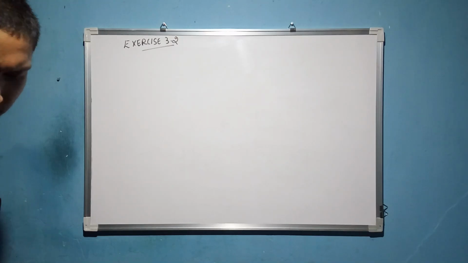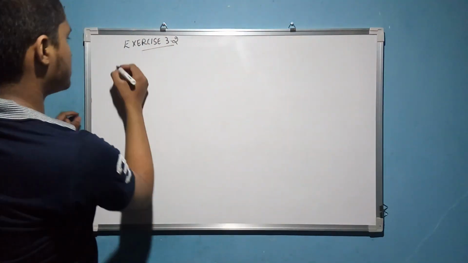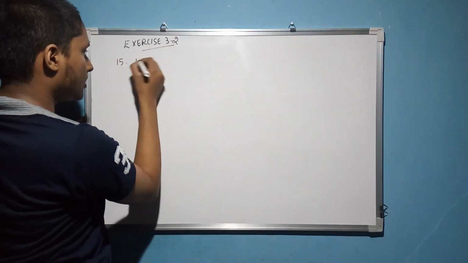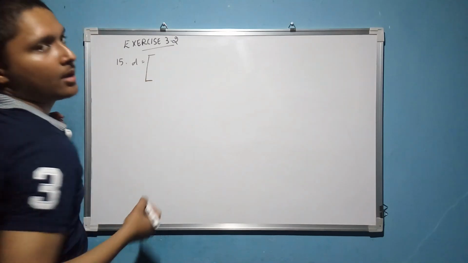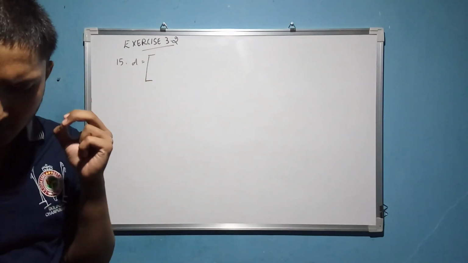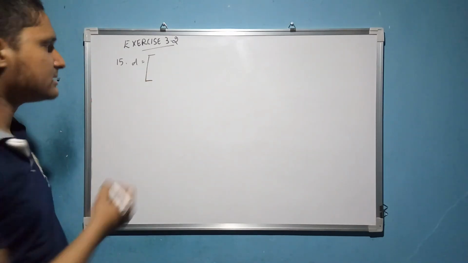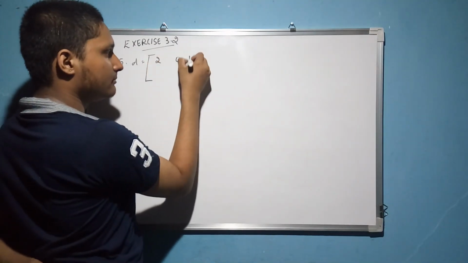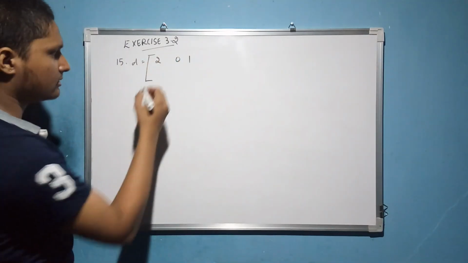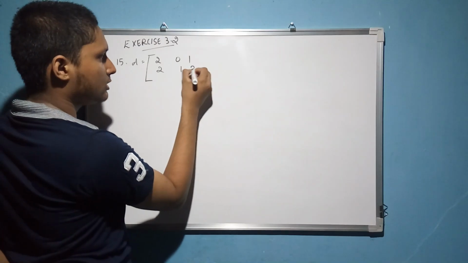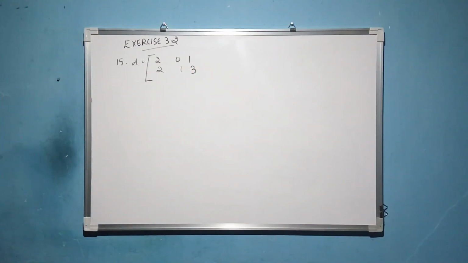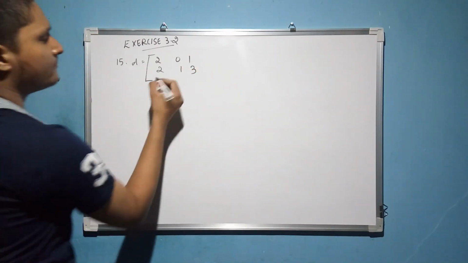The next question is the 15th one. You are asked to find A square minus 5A plus 6I. What is the A given here? Many times it becomes wrong if it is wrong while writing the matrix itself. So this is 2 0 1, 2 1 3 and 1 minus 1 0.